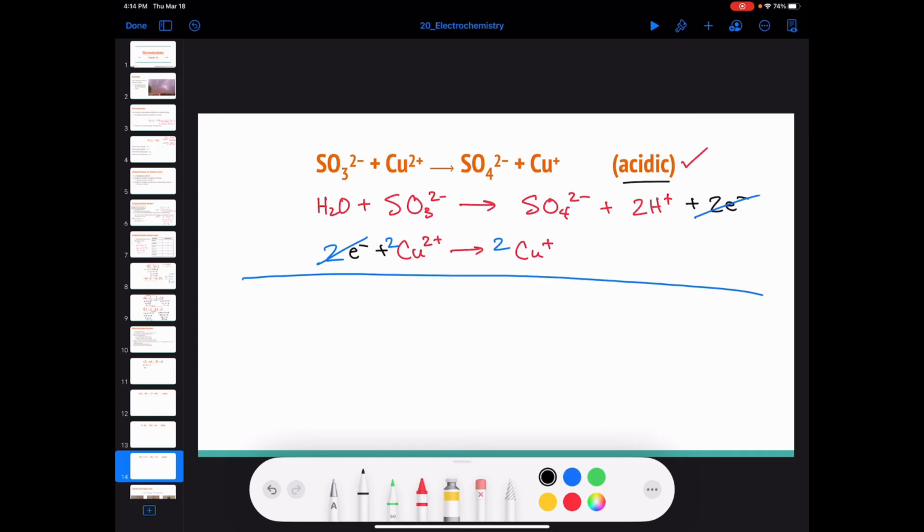So I've got a water molecule, SO3 2-, I've got 2 copper 2+, I've got a sulfate, 2 hydrogens, and 2 copper 1+ ions. Okay, again, it doesn't matter what order you write those in as long as you've got reactants on the left, products on the right. And at that point, you can double check to make sure everything has the appropriate number of atoms and charges. It looks like it does.